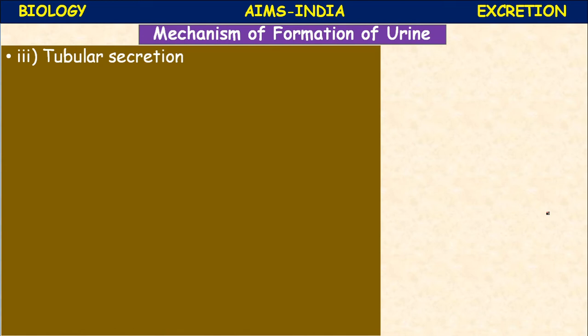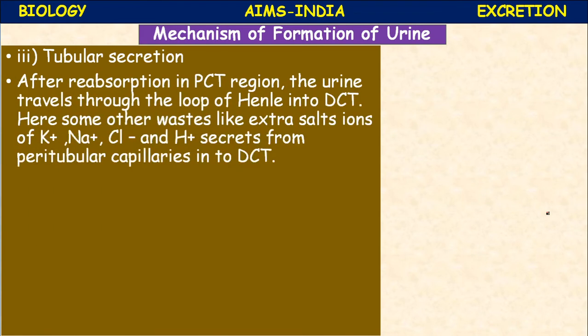Next, tubular secretion. After reabsorption in the proximal convoluted tubule region, the urine travels through the loop of Henle into the distal convoluted tubule.